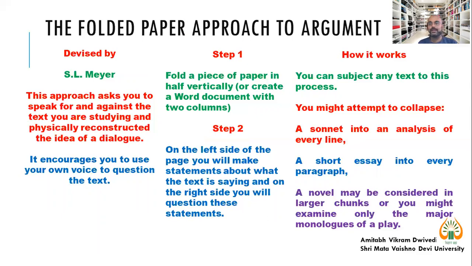Either it can be a short essay or it can be a novel. And when it is a novel, because a novel has hundreds of pages, you can divide the novel, and you can take certain excerpts from that novel, and the same process you can continue with the novel as well.